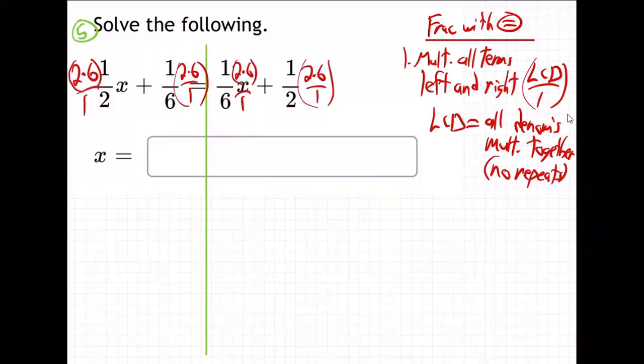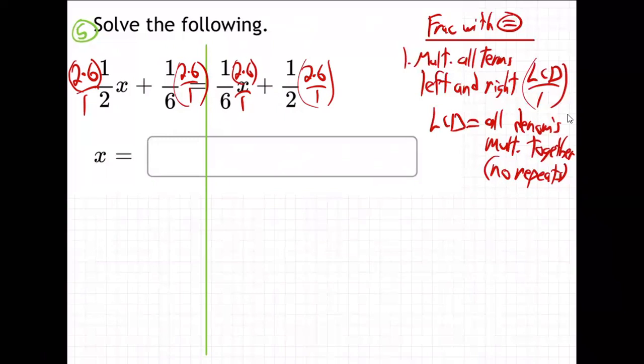Now, if you're more advanced with fractions, you might know, Mr. Herring, can't we just use 6? Because doesn't 2 go into 6? You're right. You're totally right. That'd be even better. That's technically really the least common denominator, is just the 6. But I found it's hard for students to have something else to worry about. So I just teach this. I found it's easier for students. But if you already know 6 is the LCD, do that.